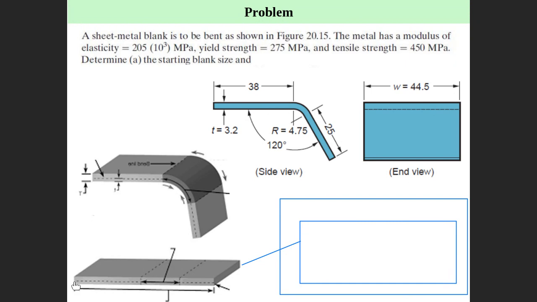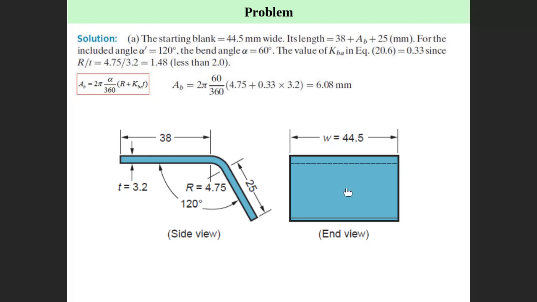The starting length equals this part, which is 38, plus this part, 25, plus the area in the middle, which is AB. We need to obtain AB, because 38 and 25 are known. If we know AB, then we know the length. So calculate AB: AB equals 2 pi alpha divided by 360 times (R plus KBA multiplied by T).